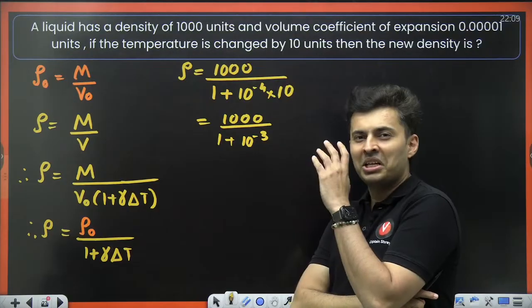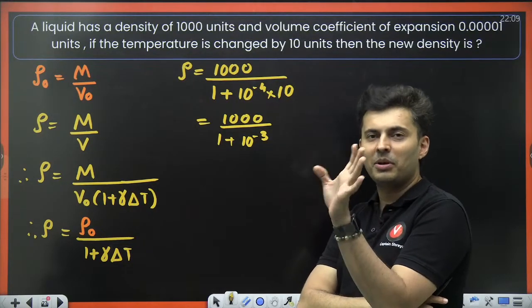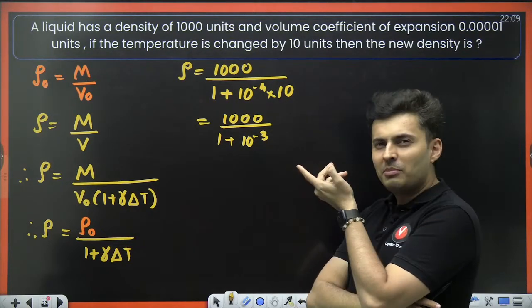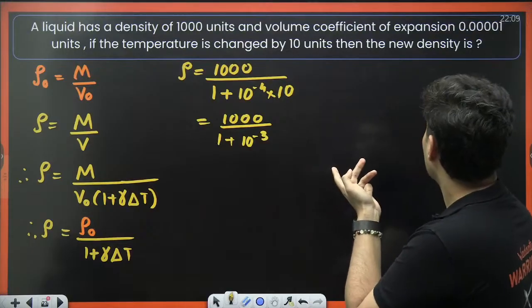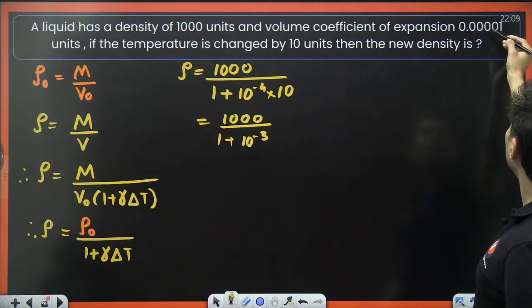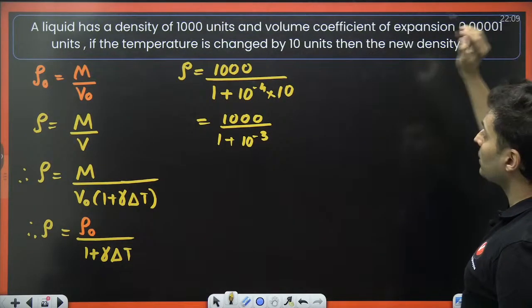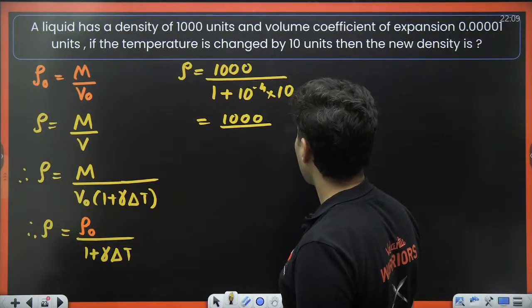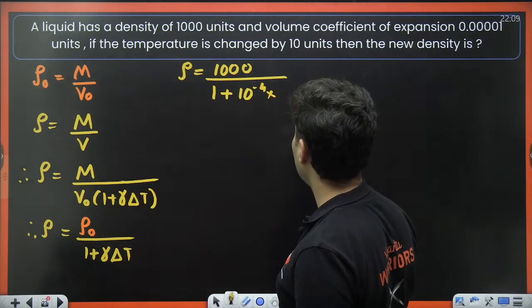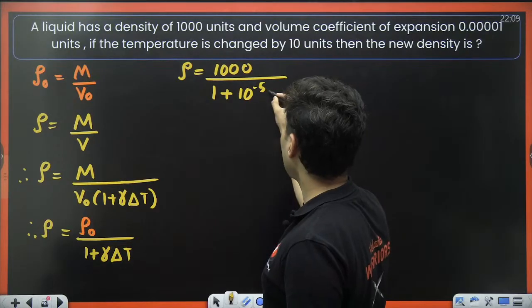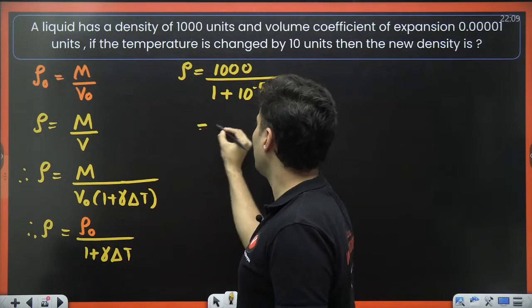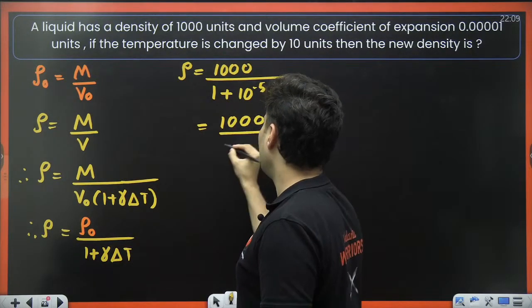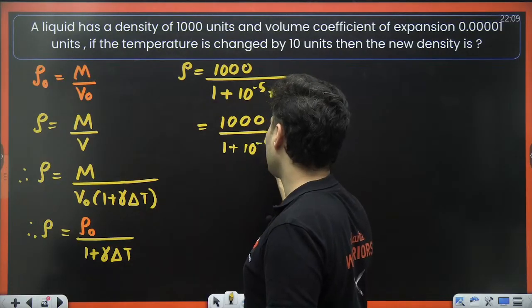Oh, sorry, there were how many? 1, 2, 3, 4. Sorry, this was 10 to the power minus 5. My bad. One second. This was 10 to the power minus 5 into 10. So this will become 1000 divided by 1 plus 10 to the power minus 4.